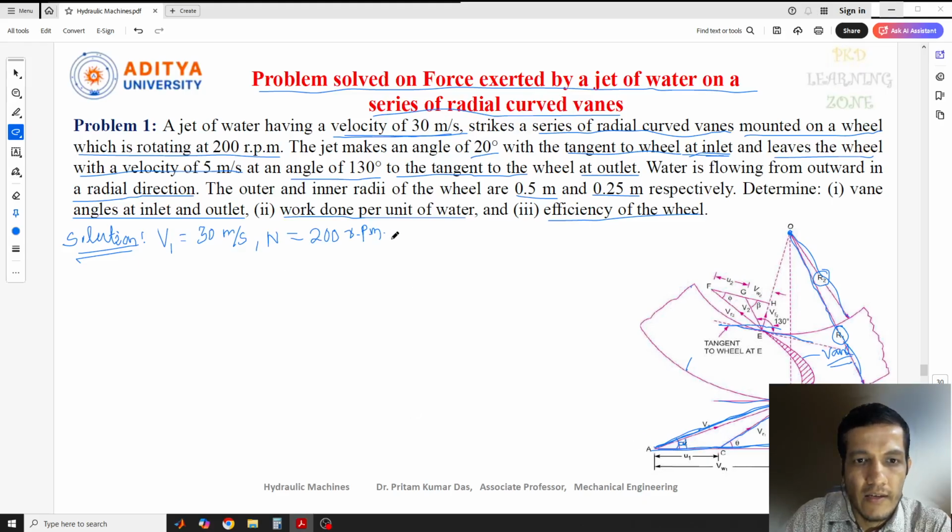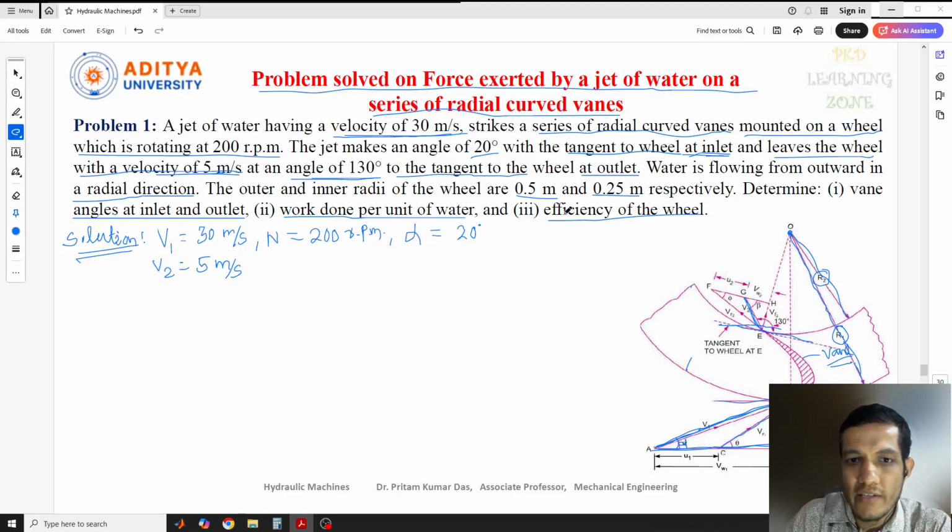We can write the angle alpha is given as 20 degree at inlet condition. Similarly, the jet leaves the wheel at a velocity of 5 meter per second at an angle of 130 degree to the tangent. This is the leaving part, V2, so V2 is given as 5 meter per second.